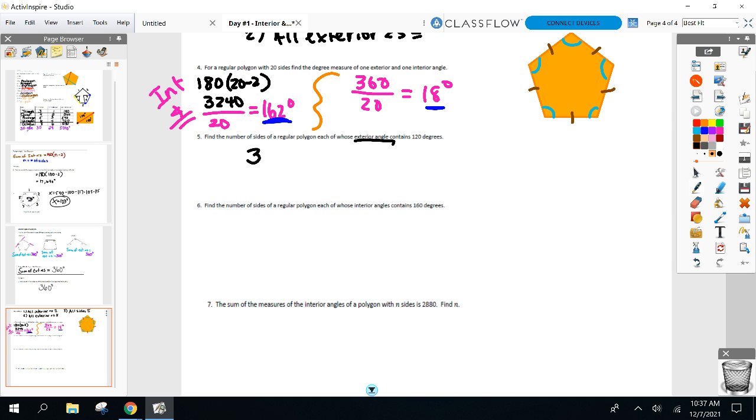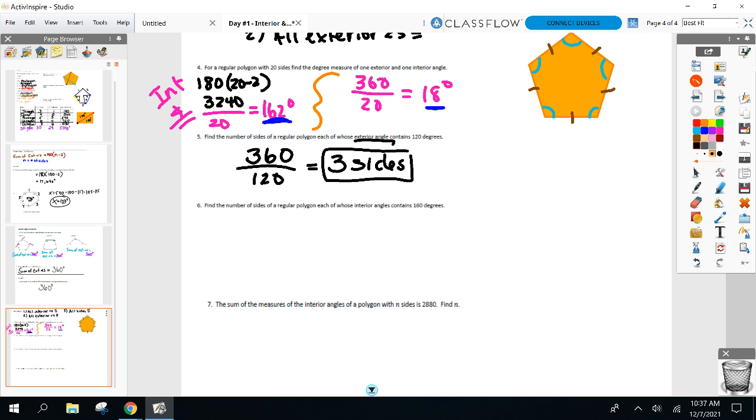Yeah. And you already know one of them's 120. So how many 120s do I have to get up to the 360 they add up to? 3 sides. Everyone okay there? They all add up to 360, divided by 120.